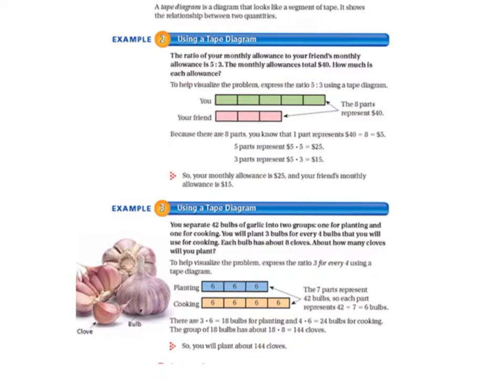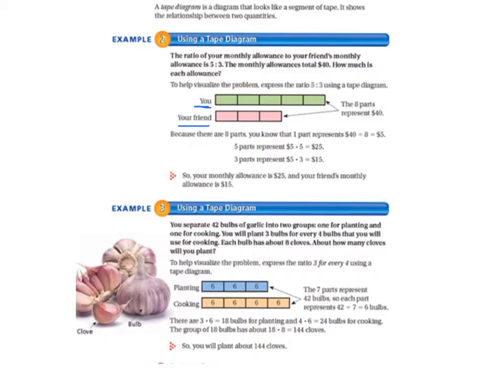To help visualize the problem, we'll express the ratio 5 to 3 using a tape diagram. So since they said that the ratio was our monthly allowance to our friend's monthly allowance, then you have the longer tape. We have the 5, the segment that's divided into fifths, and our friend has the segment that's divided into thirds.